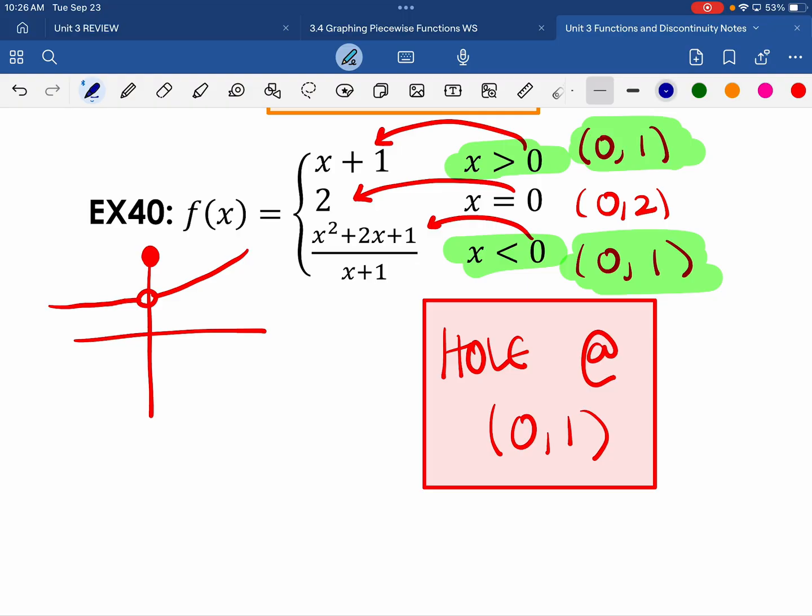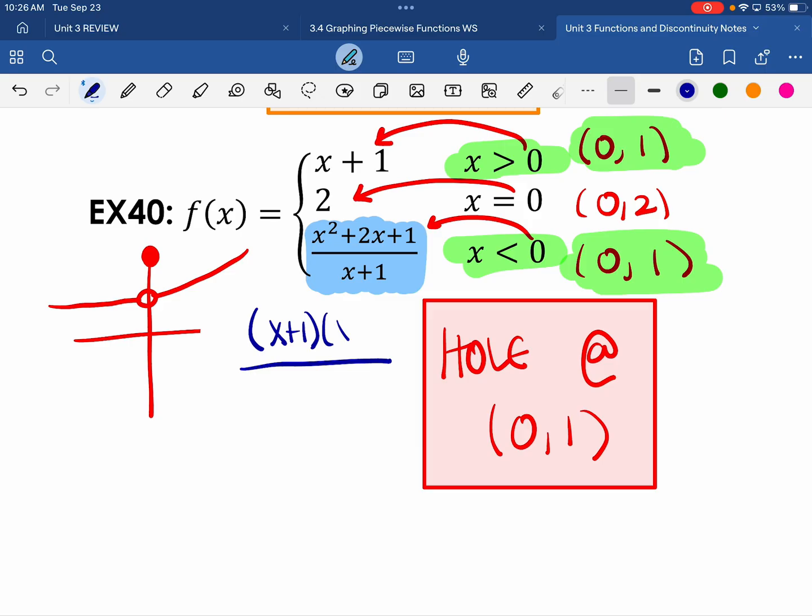And there's something else. Close. It's not a VA though, but I do see a fraction. So I'm like, okay, well that might also have discontinuities. What's the first thing you have to try to do for the fractions? Factor. So what does the top factor out to be? x plus 1, x plus 1.